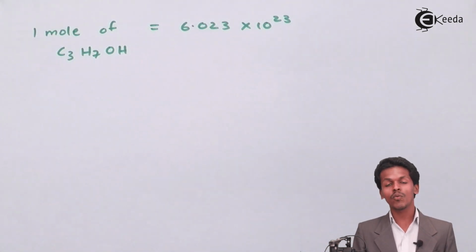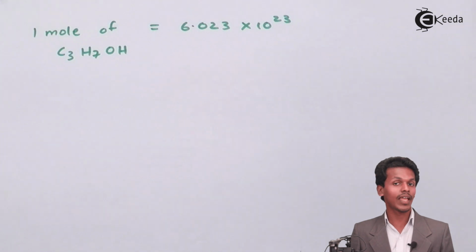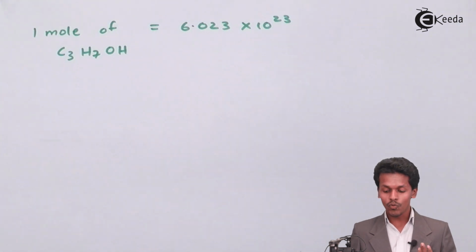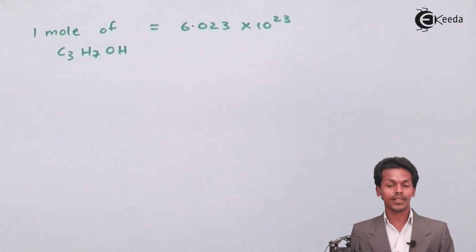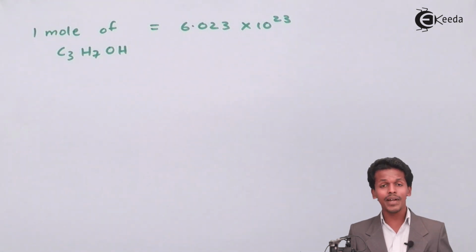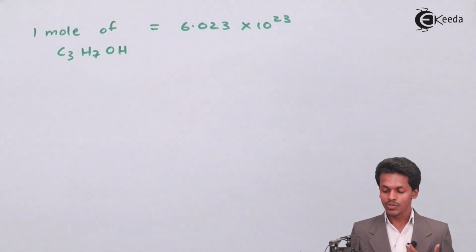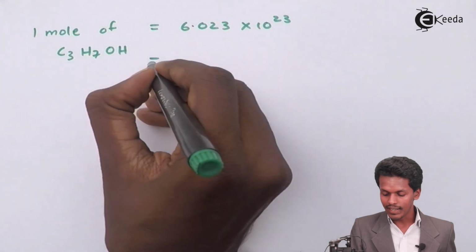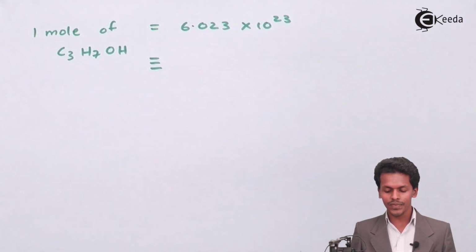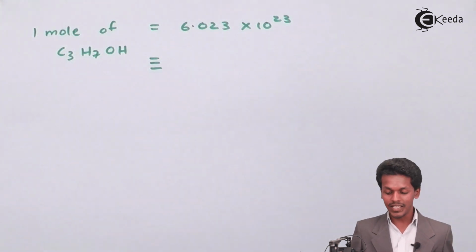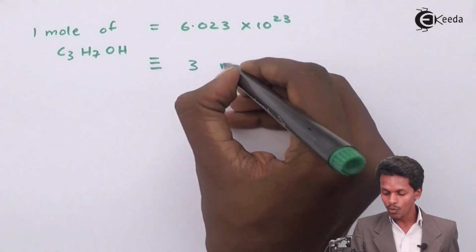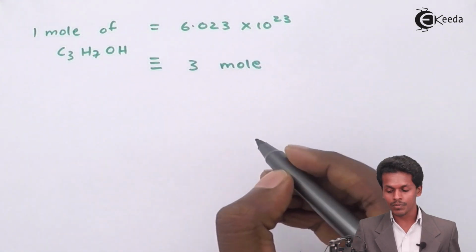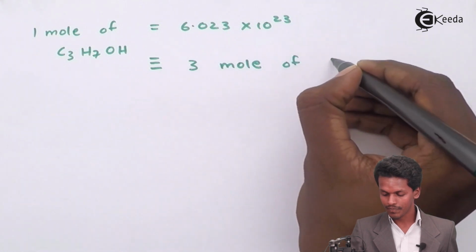But now we have to calculate the number of carbon atoms, hydrogen atoms and oxygen atoms. If I am talking about 1 mole of isopropanol, it has 3 moles, or gram atoms, of carbon.